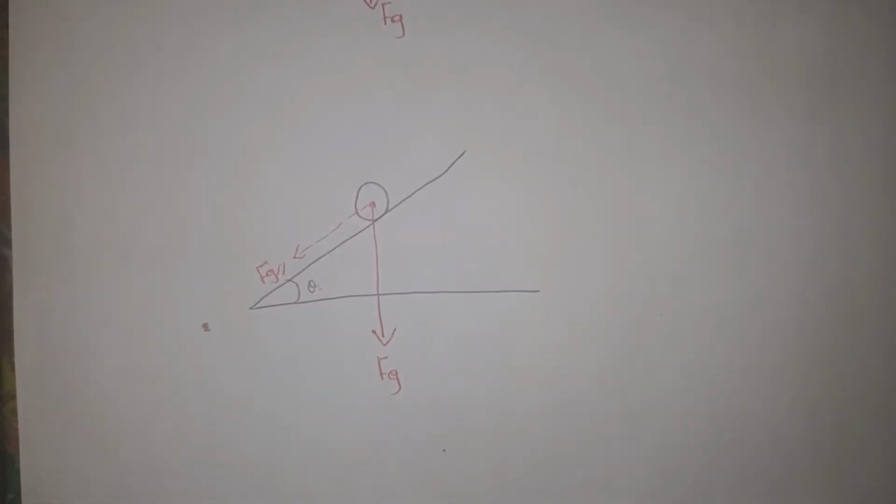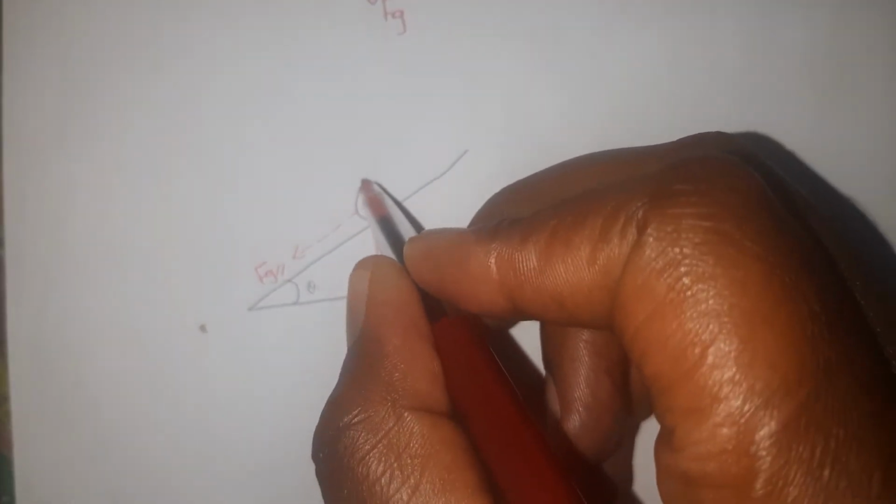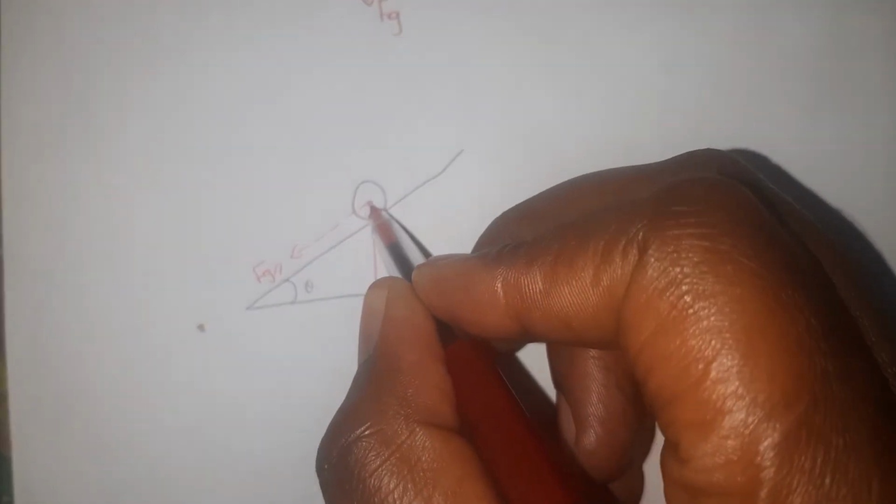And then the force that acts perpendicular to the slope is called FG perpendicular. It should be perpendicular to the slope, so it will be like this.